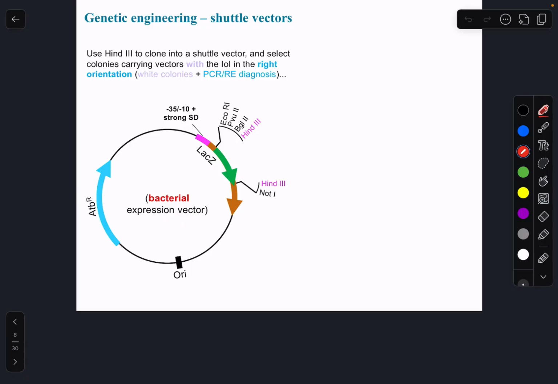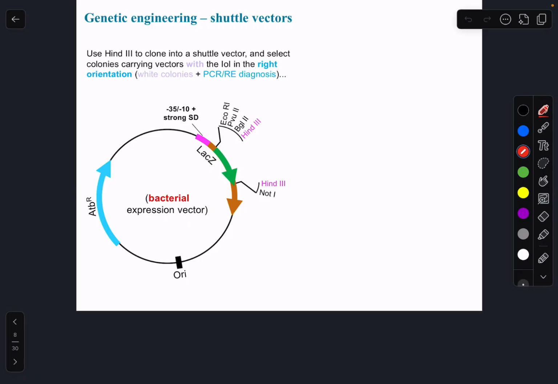That's fine, but you have your bacterial vector, and you may use that bacterial vector for insertion using one restriction enzyme, right? So in bacteria, you would go through the whole trick of finding out if the insert made it in or not, and if it did, whether it's in the right orientation or not.